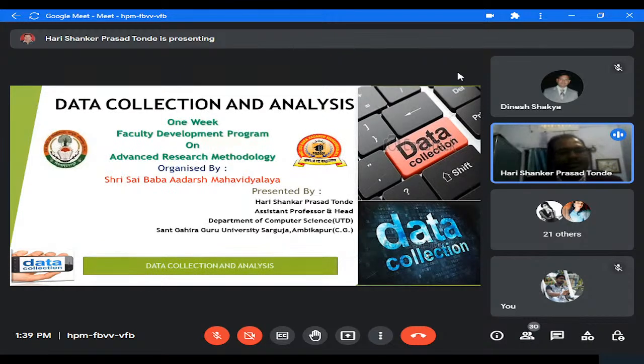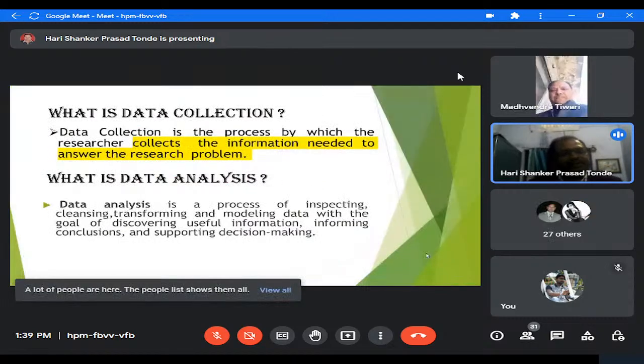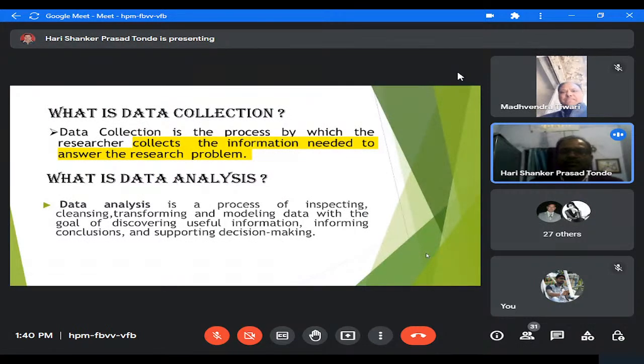So now switching towards the topic, what actually is data collection, what actually is data analysis. Data collection is nothing but the process by which the researcher collects the information needed to answer the research problem. Once you have decided the research problem, you have to find out some solutions regarding the problem.